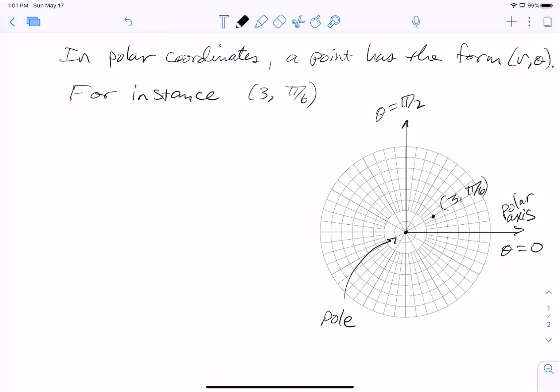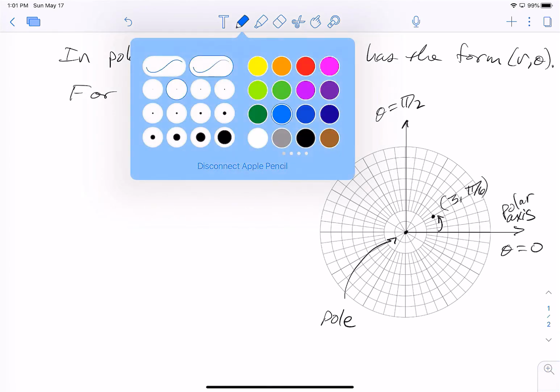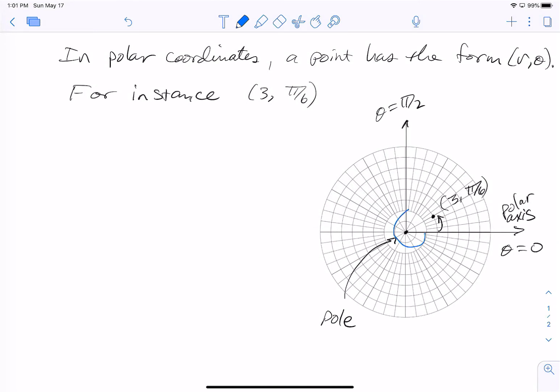Now this angle with the x-axis is a positive pi over 6, but we could also refer to it as negative 11 pi over 6. It's coterminal to that. So this actually can also be written as (3, negative 11 pi over 6). There are actually an infinite number of representations for any point on the polar plane, provided that the radius matches and the angle is coterminal.